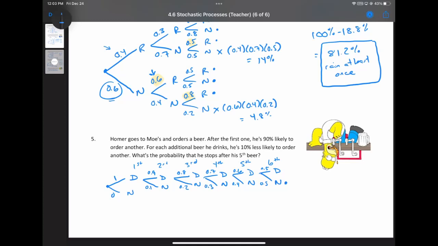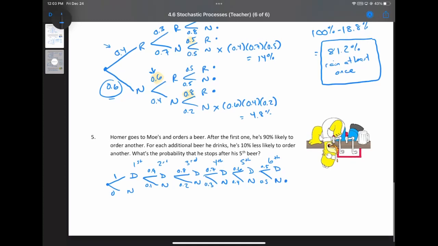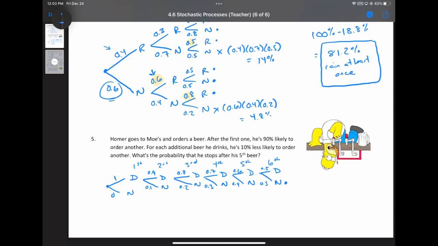And if we want to put those together, I'm going to write below just because there's a little bit more room. To get along that path, it's 1 times 0.9 times 0.8 times 0.7 times 0.6. And then it's 0.5, but just to be clear, it's not the 0.5 drink, it's the 0.5 not drink.